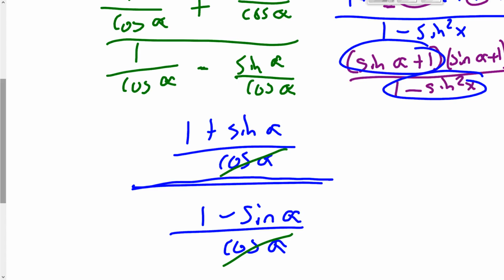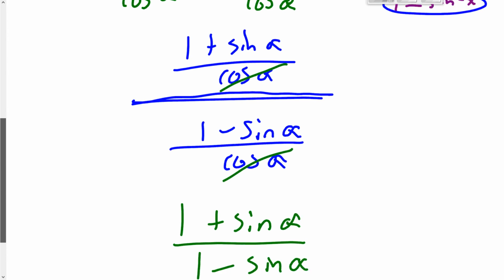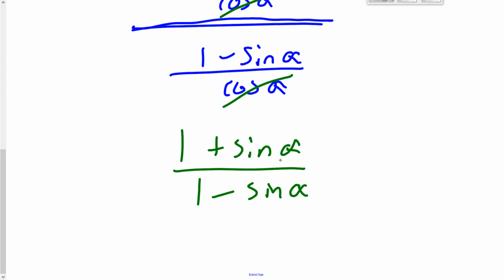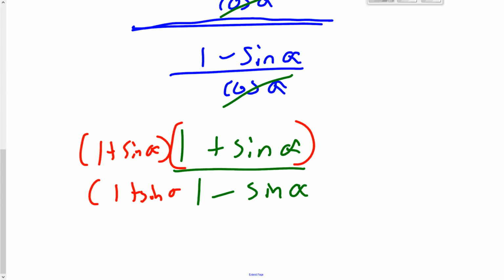One would be, you could look at it and say, I don't know how to go from that, I don't know what to do here anymore, so I'll stop. Now I go over here and say, hey, I have 1 plus sine alpha right here on top. I need 2 of them. So what if I multiply top and bottom by 1 plus sine alpha? Wouldn't that give me 2 now on top? So I would have to do the same thing to the bottom, right? Because that wouldn't change the value of this fraction.